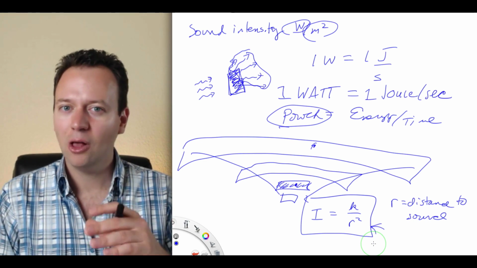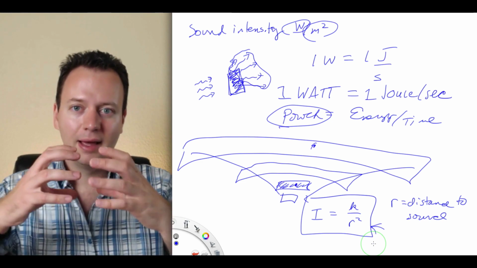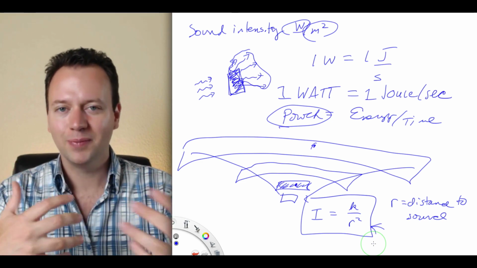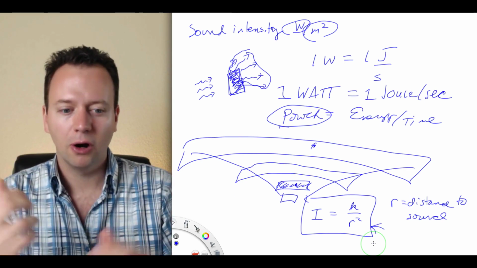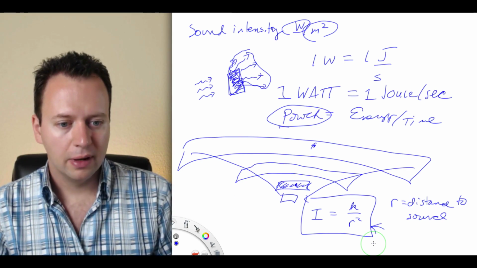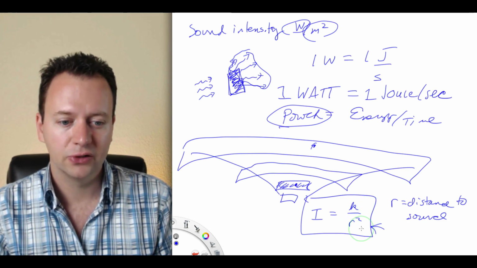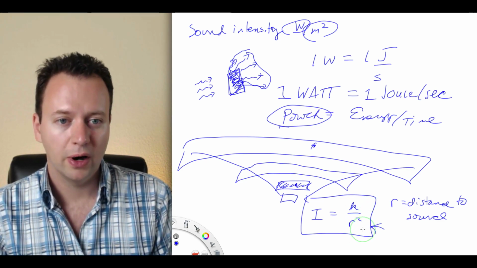Basically it's always the same amount of energy, but it's dissipated over either a small sphere or a larger sphere. So it's inversely proportional to the distance away from the source squared.